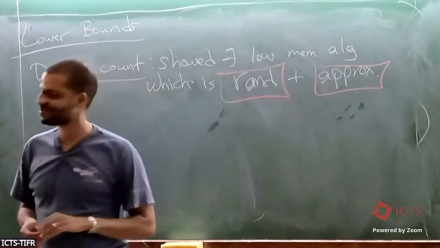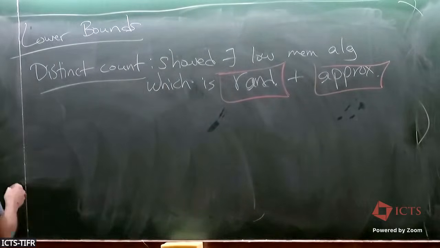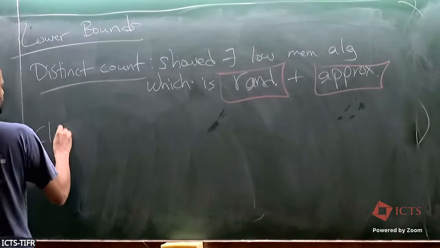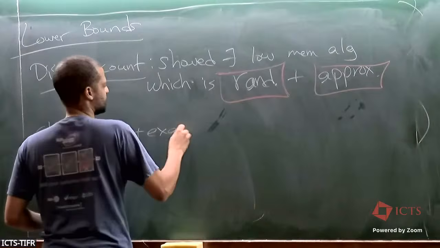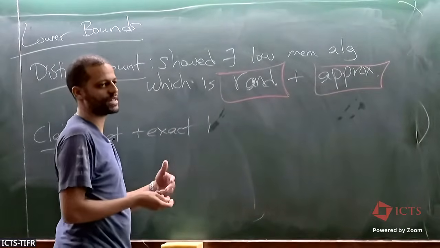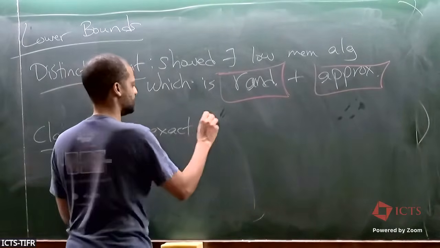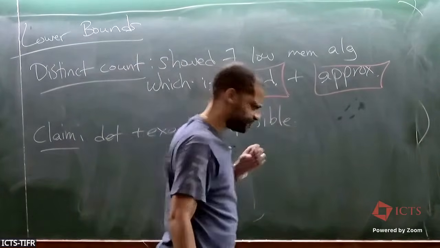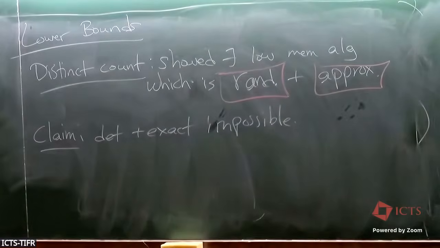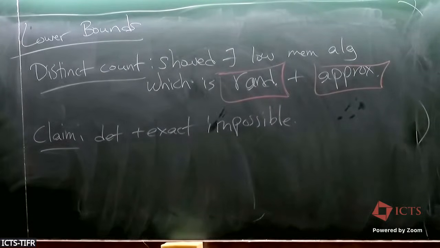So, claim: deterministic plus exact is impossible. When I say impossible, I mean it's impossible in low memory. You need basically linear memory. Okay, let me just prove this in words. So why is it impossible?